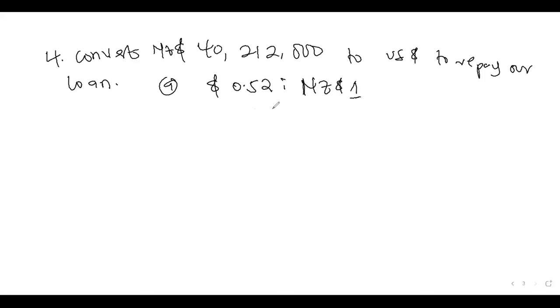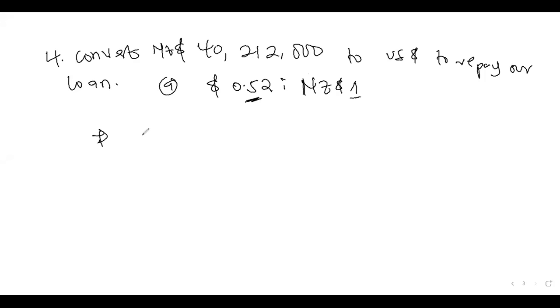Or the other way we can look at this simply is that we just have to multiply the 40,212,000 by 0.52, because every 1 New Zealand dollar is 0.52 US dollars. So how much US dollars can we get from 40,212,000 New Zealand dollars? You just multiply.